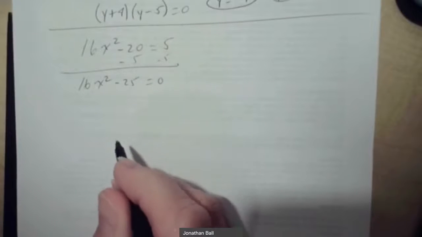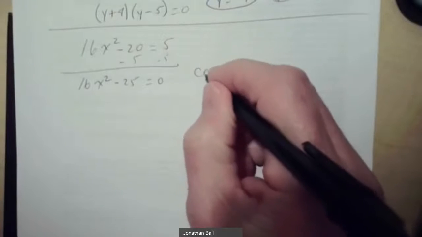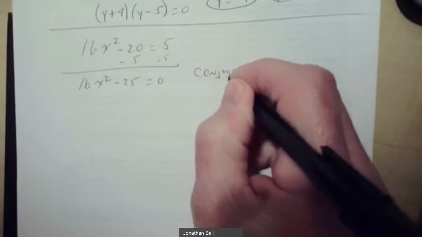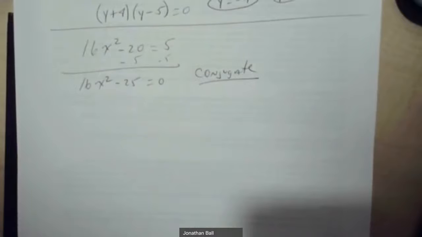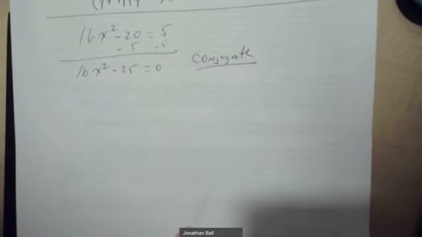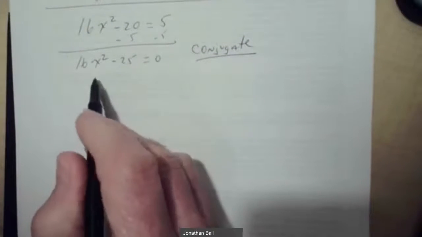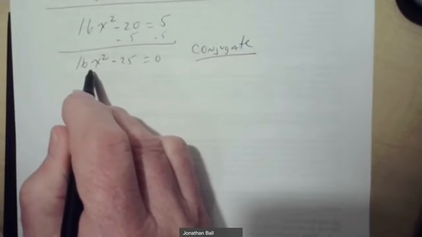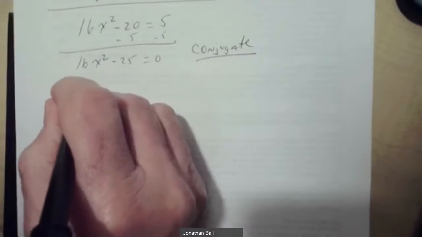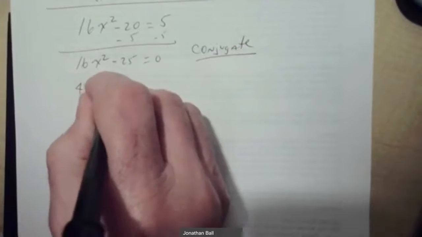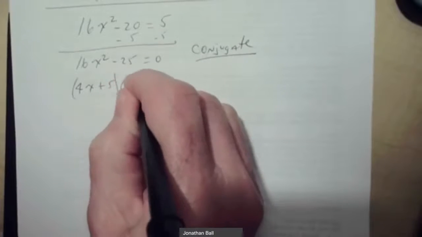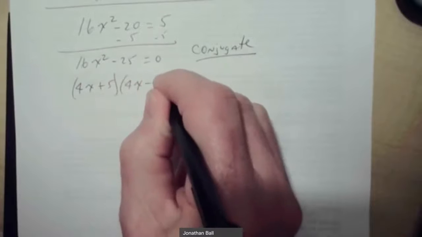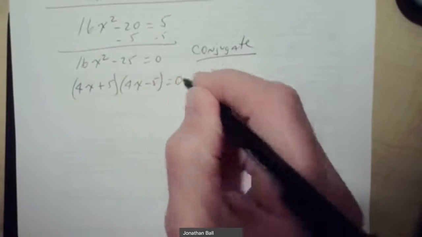Difference of two squares is called a conjugate. That name isn't particularly important, but you're going to see it. Now what we do is we take the square root of this, what number times itself? So 4x plus 5, again, the square root of 25, times 4x minus 5 equals 0.